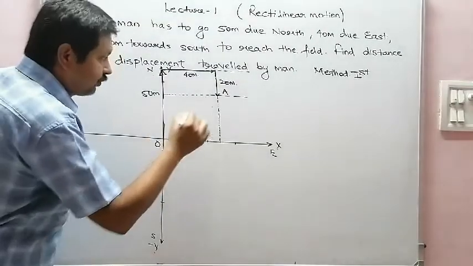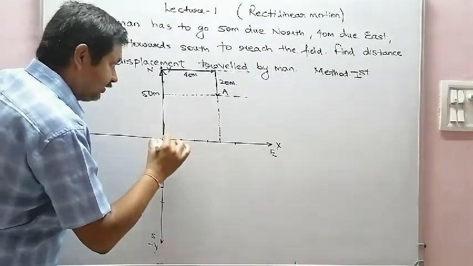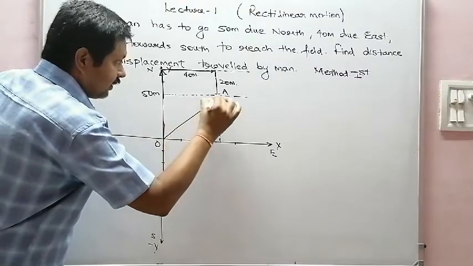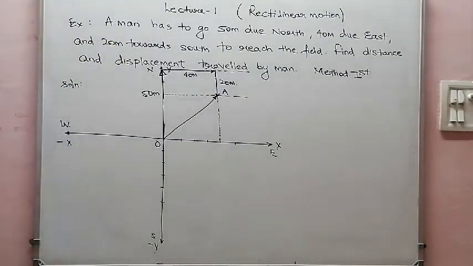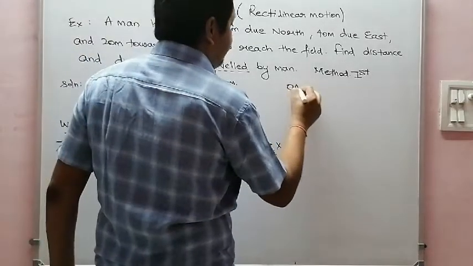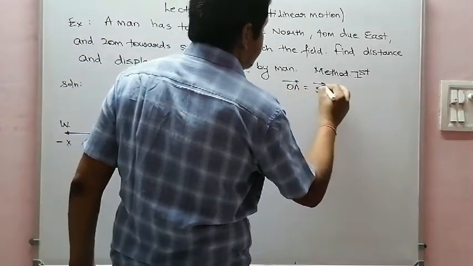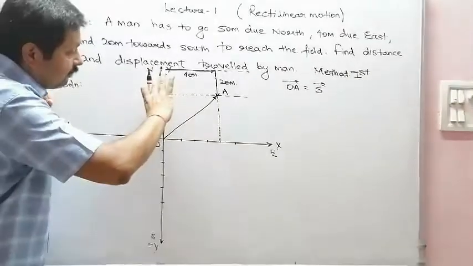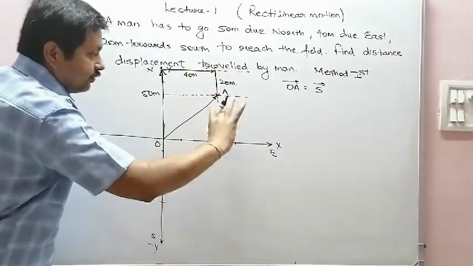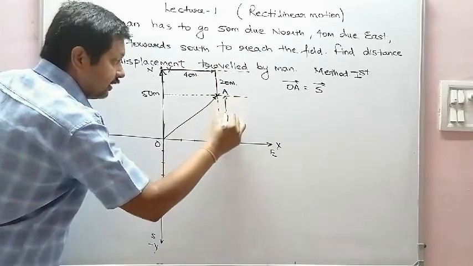Now join the initial position and final position. So OA is displacement. OA vector is displacement. Again, this complete is 50 and this is 20, so this becomes 30.